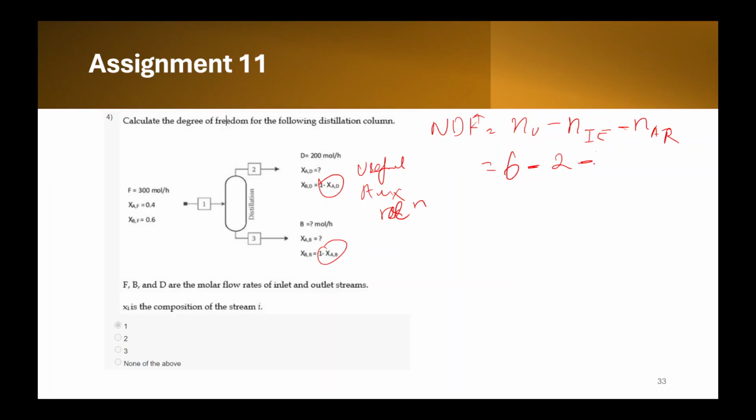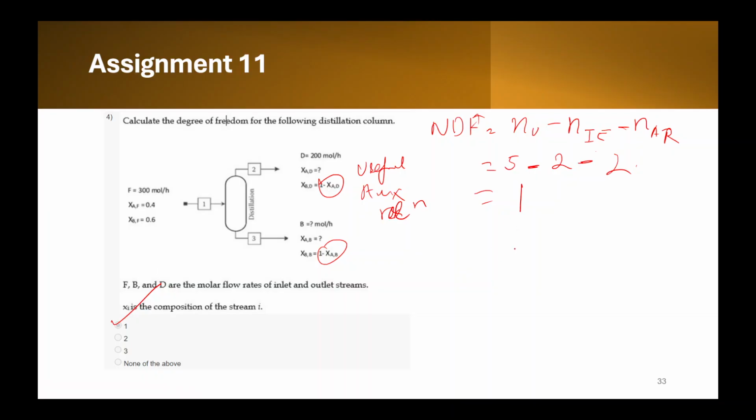Sorry, the number of unknowns is not 6, they are 1, 2, 3, 4, 5. So 5, and again this is 2. So 5 minus 4, you get 1. So the number of degrees of freedom here is 1.